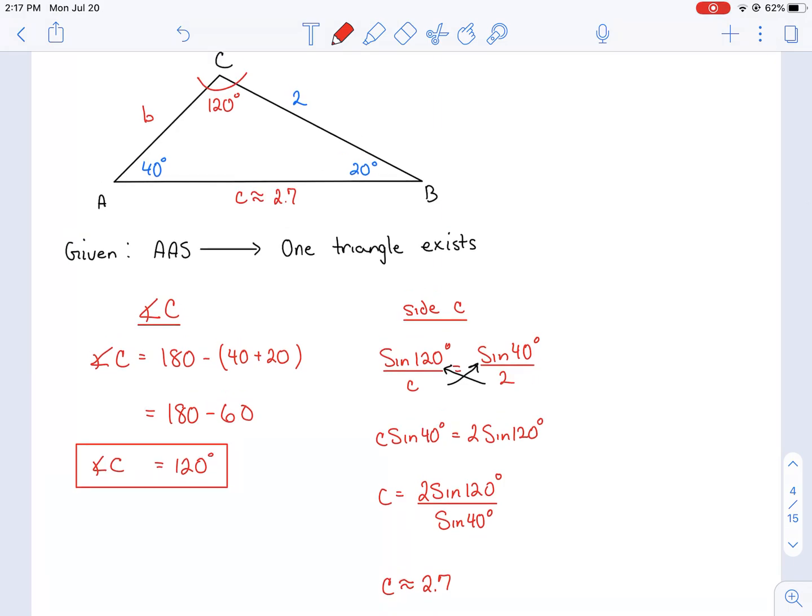And finally, we can find side length B. And applying the law of sines, sine of 20 degrees divided by B has to equal sine of 40 degrees divided by 2. Cross multiplying and isolating B, you get B is equal to 2 sine of 20 degrees divided by sine of 40 degrees.